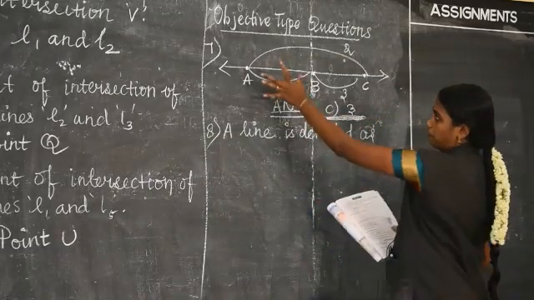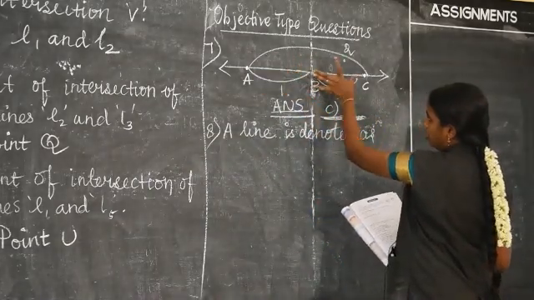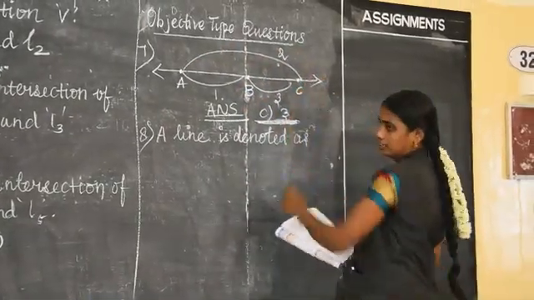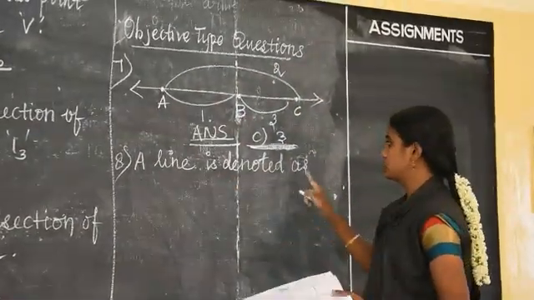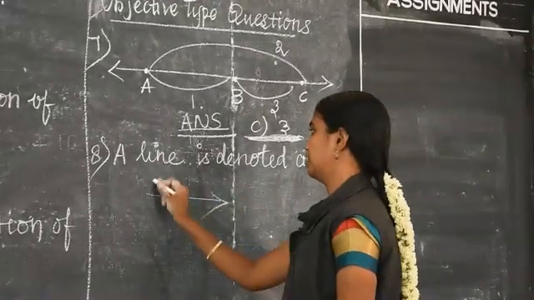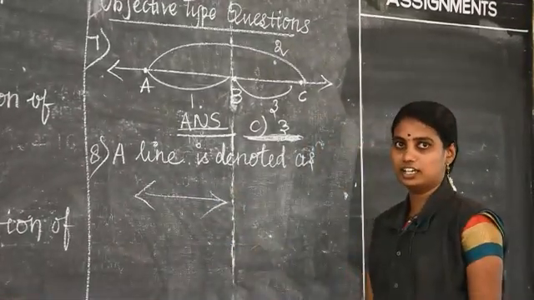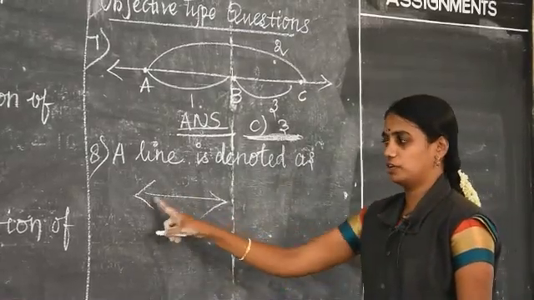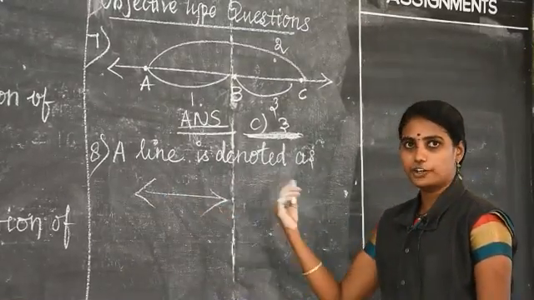A line segment has 2 endpoints. Here 1, here 1, 2, then totally 3. Then a line is denoted as, how will you draw the line? Like this. Arrow marks will be there, no endpoints.